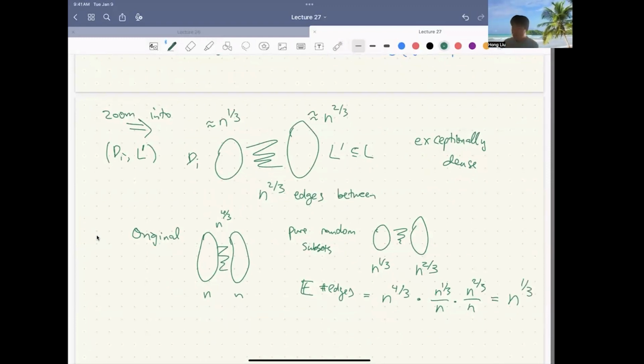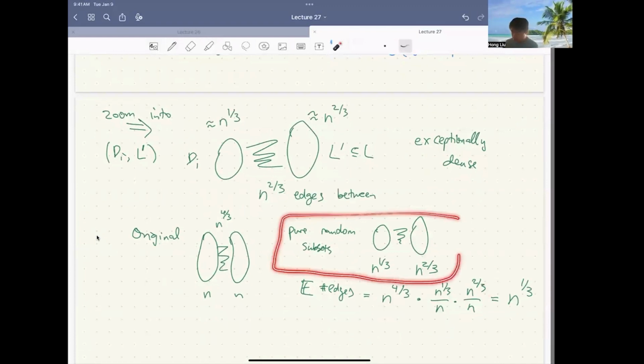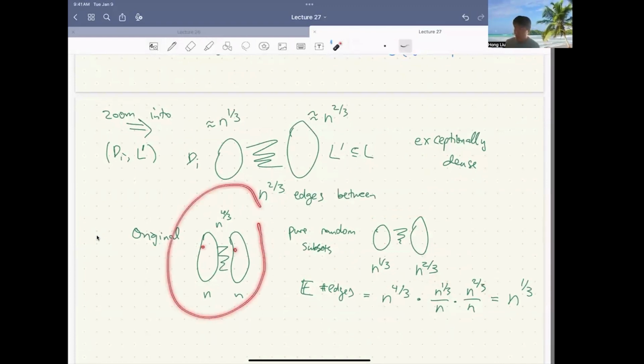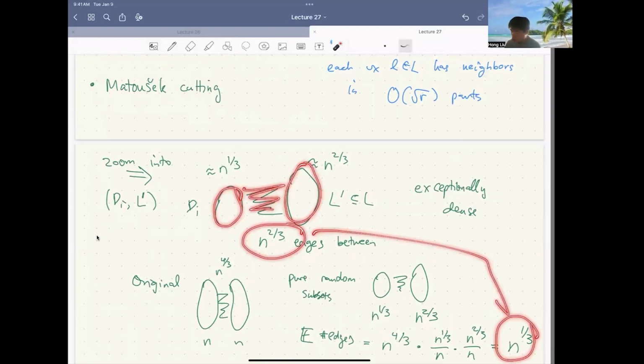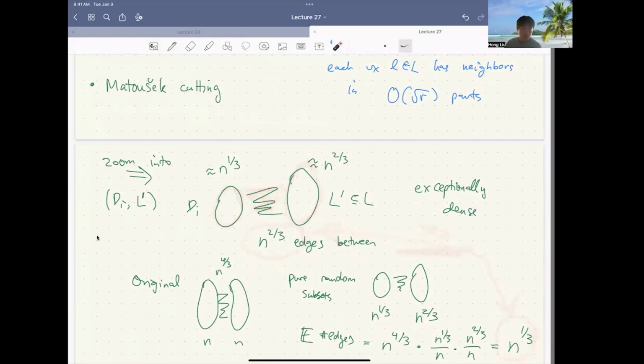Once again, if you do things purely randomly inside this graph, an n by n vertex graph with n to the 4/3 edges, you will only get an expectation of n to the 1/3 edges. But since this is a point-line incidence graph, the edges are clustered, which is captured by this cutting lemma. We managed to zoom into n to the 1/3, n to the 2/3 parts, where the number of edges is n to the 2/3, much, much larger than the random one. And then we win, okay?